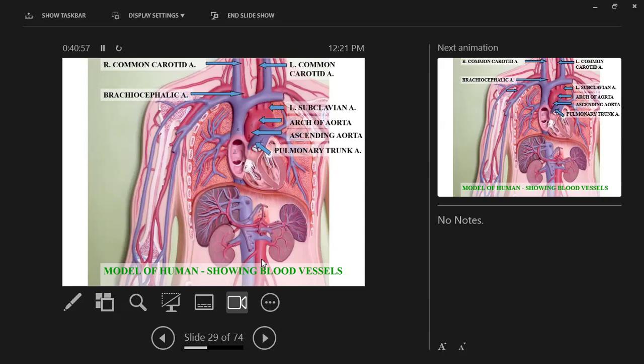So otherwise, we'd have to have 5 arteries coming off the aortic arch, and it's easier just to have 3, with the first one splitting into 2. And there is the left subclavian artery. Notice how if you have a right, you have to have a left. Right subclavian, left subclavian. Right common carotid, left common carotid. Right jugular, left jugular.